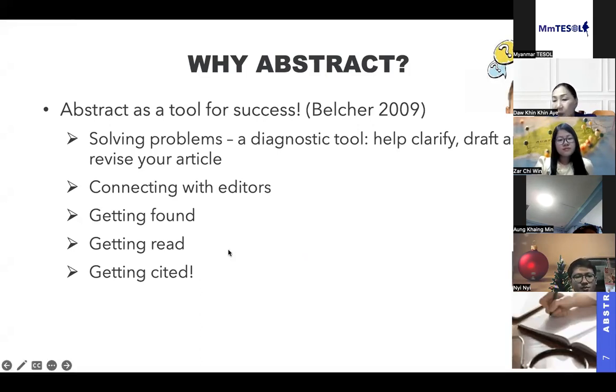And it will help you connect with the editors, because when you submit your paper, they look at only the abstract first. When they are convinced, then they will continue reading your paper. That's why your abstract will get you found by the editors and publishing companies, get read, and get cited. So I think these are what we need to remember.